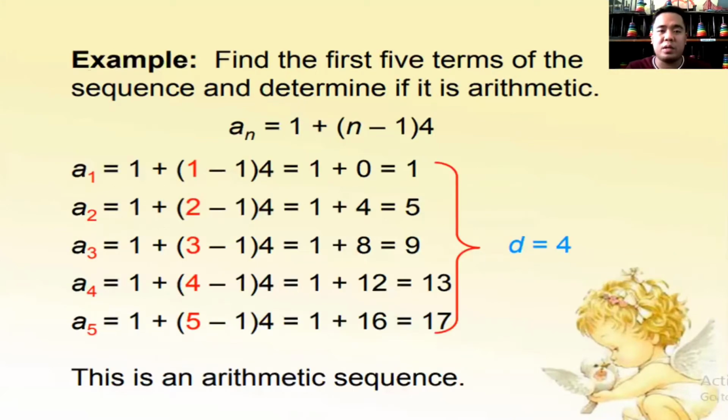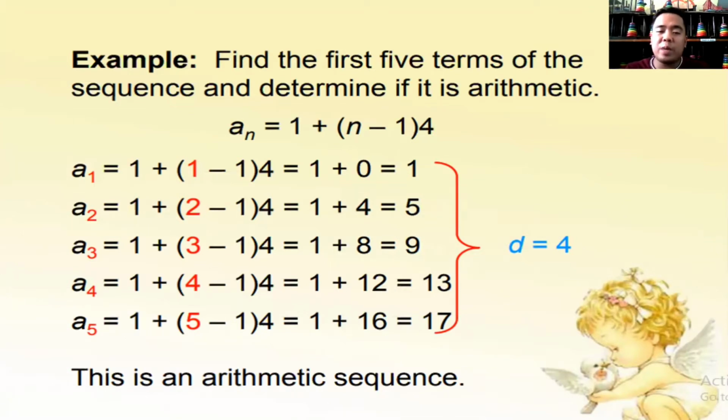For example, find the first 5 terms of the sequence and determine if it is arithmetic. Tanawon kung arithmetic ba siya. So the given formula is a sub n is equal to 1 plus quantity n minus 1 times 4. So that is how you're going to read that: a sub n is equal to 1 plus quantity n minus 1, times 4.